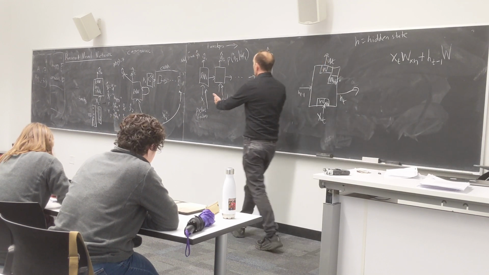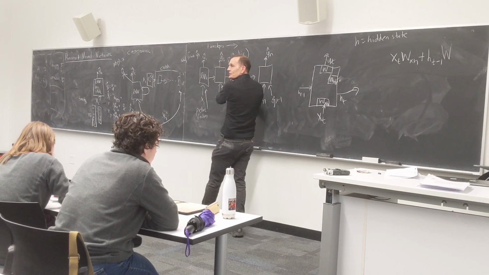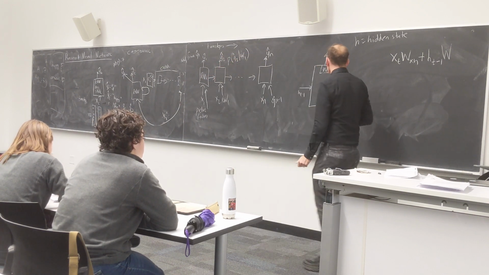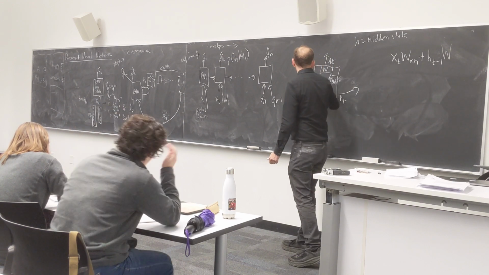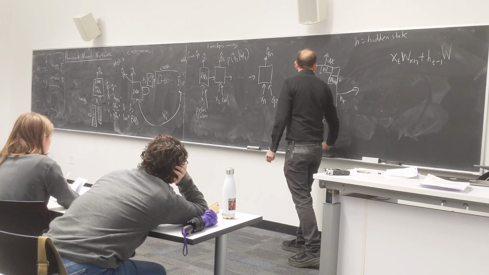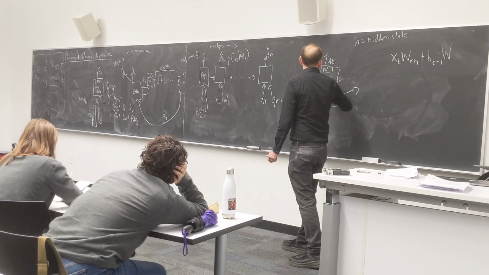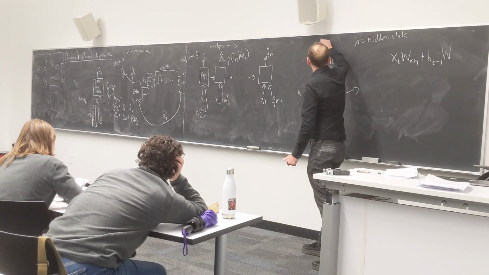It's easier to think of it unrolled: h of 1 coming out of here, h of 2 coming out of here, and so on. So maybe I will just write this unrolled, and I'm going to put WHH here.